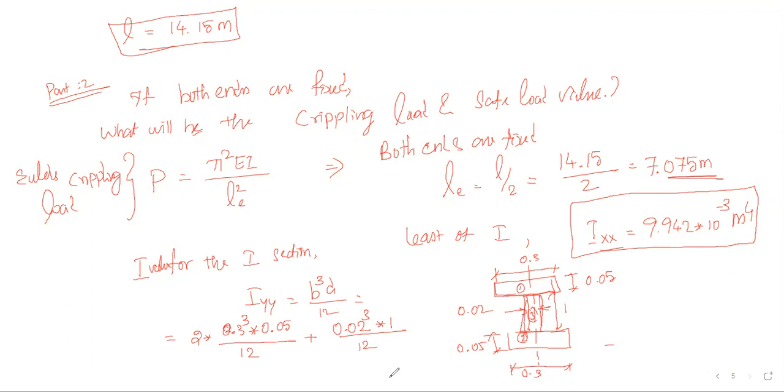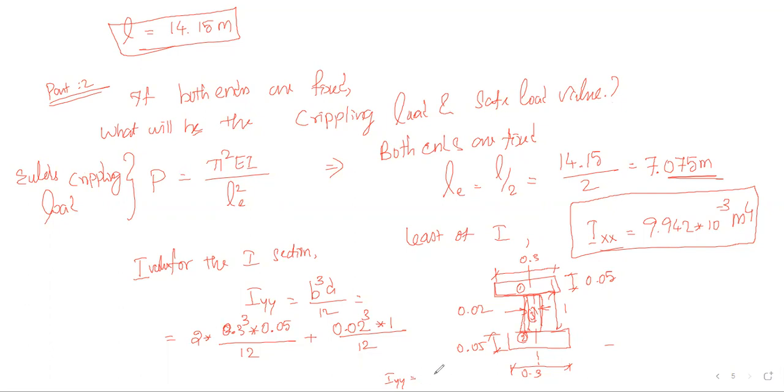So what is the value of Iyy is equal to 2 into 0.3 cube into 0.05 divided by 12 plus 0.02 cube into 1 divided by 12.